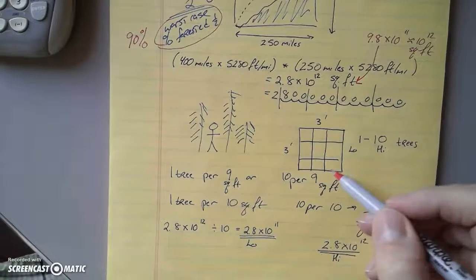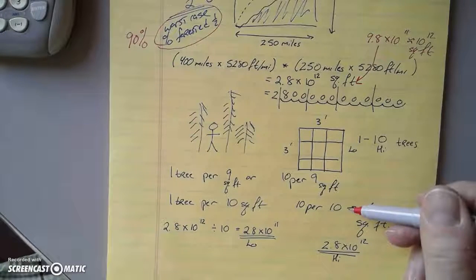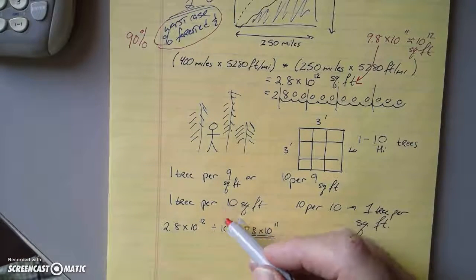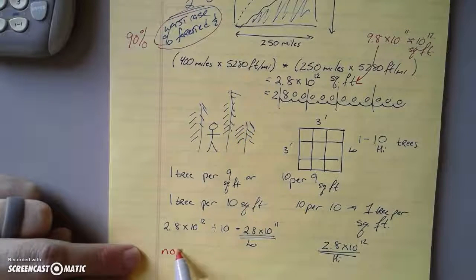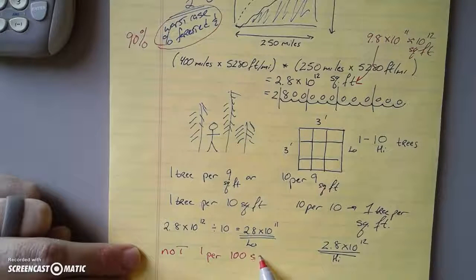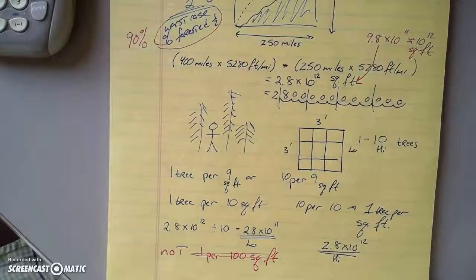But this seems pretty reasonable. 1 per 10 square feet, certainly not more than 10. There might be a little less, but think about it. It's not 1 per 100 square feet, right? That would be too low on average.